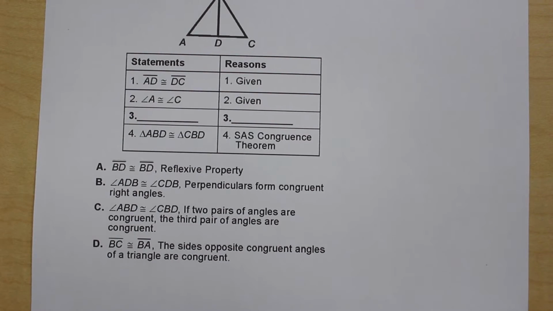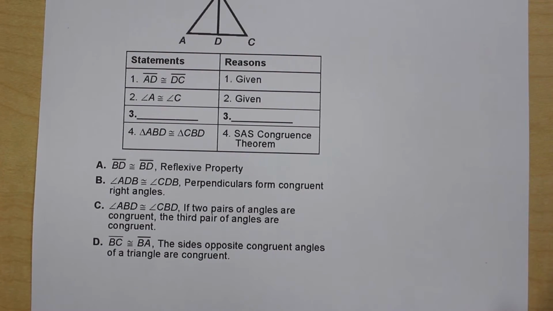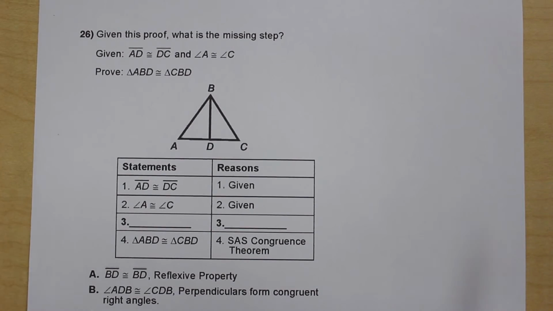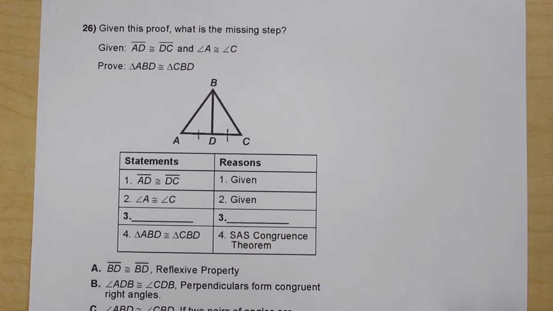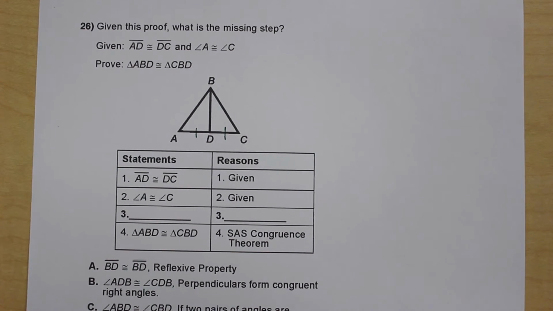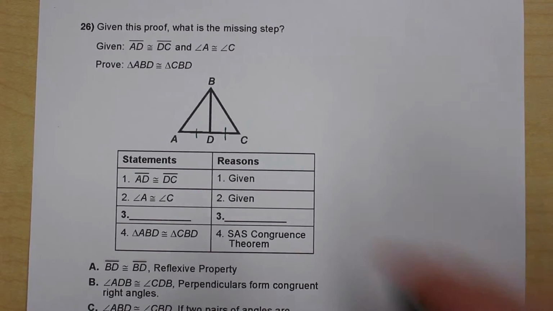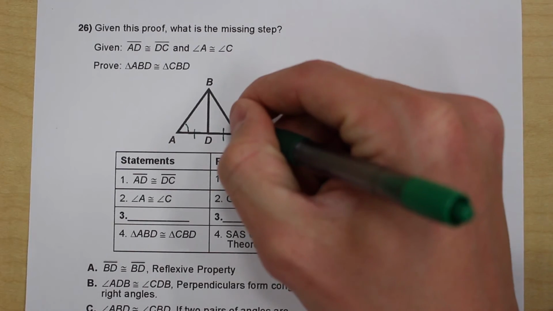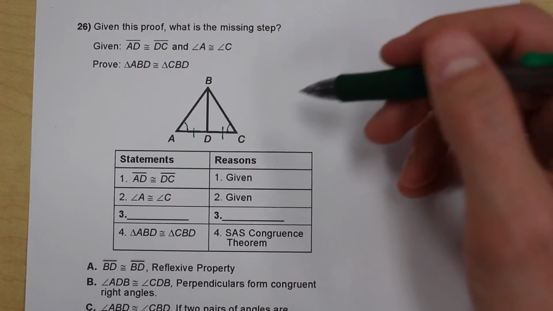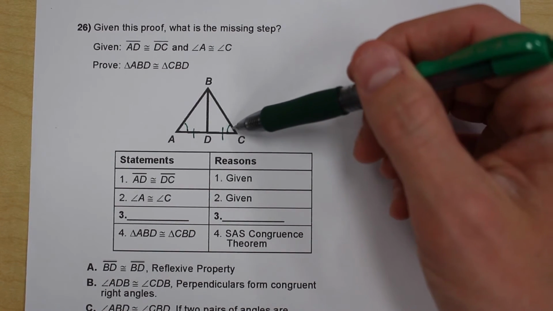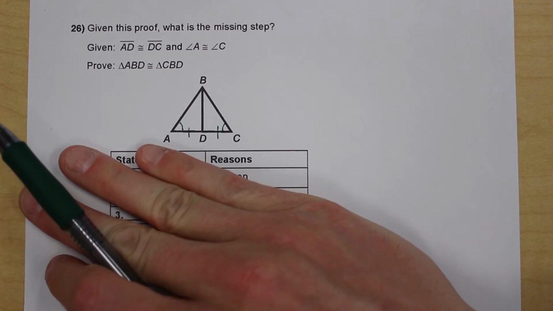All right, 26. Given this proof, what is the missing step? All right, AD is congruent to DC. I'm gonna mark those. Angle A is congruent to angle C. Okay, I'm gonna mark that. And we're trying to prove that these two triangles are congruent. So if we were going to prove this, I'm not even going to look at the graph here for a second. I'm going to cover this up.